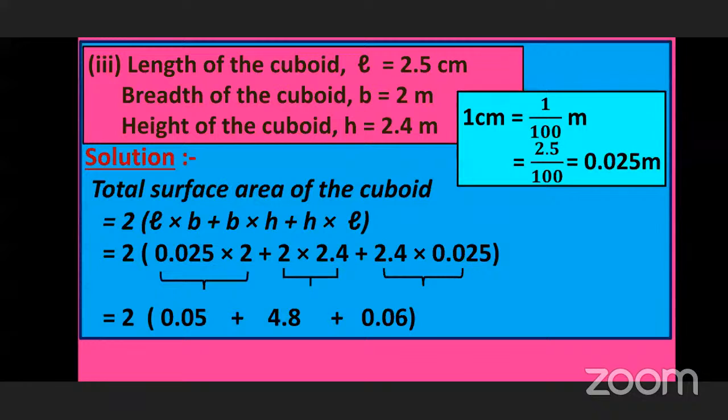Yes. 2 by 2.4, 2.4 into 2 is equal to 4.8. Yeah. Now we have to add these numbers as in the previous sum. We have seen the addition of decimal point numbers. Okay, children. In the same manner, we have to add this. Just add it for me and give me the answer.